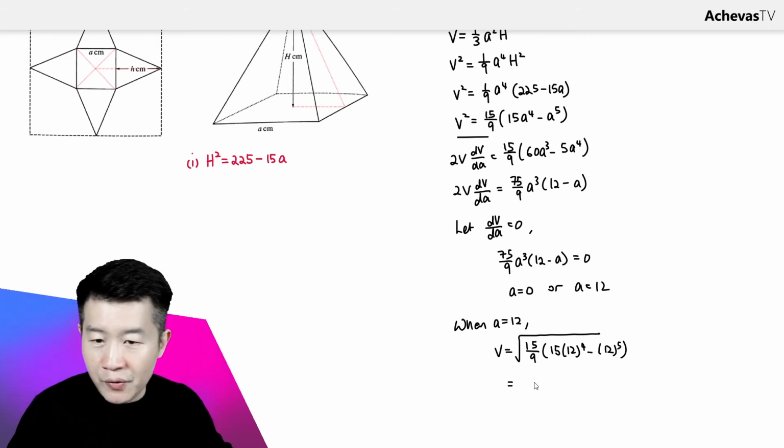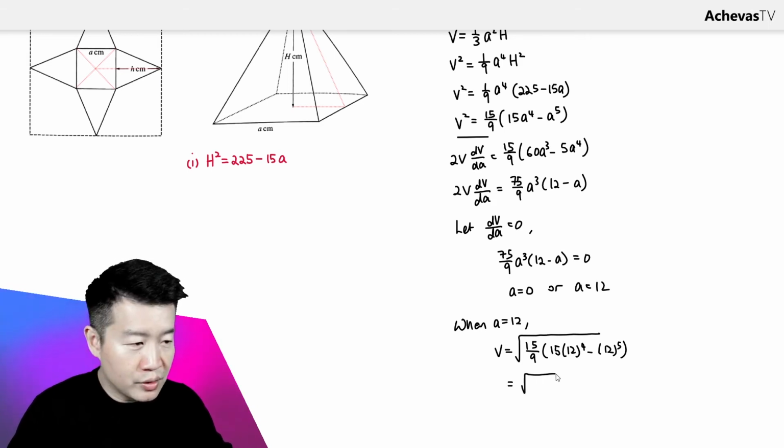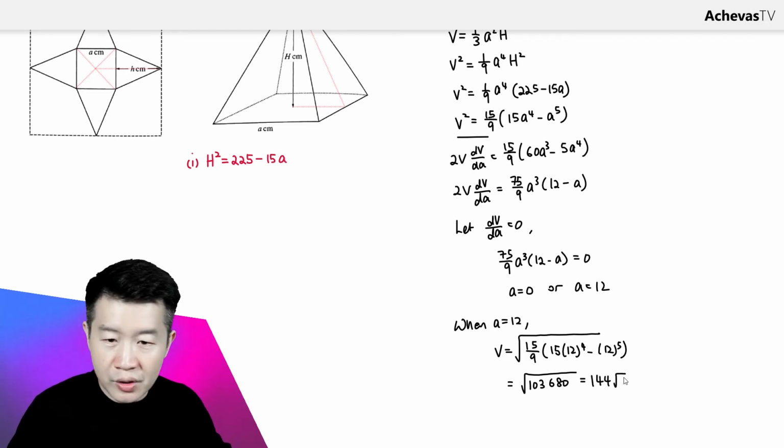So the maximum possible volume is the square root of 103,680, which can be simplified to 144 square root of 5.